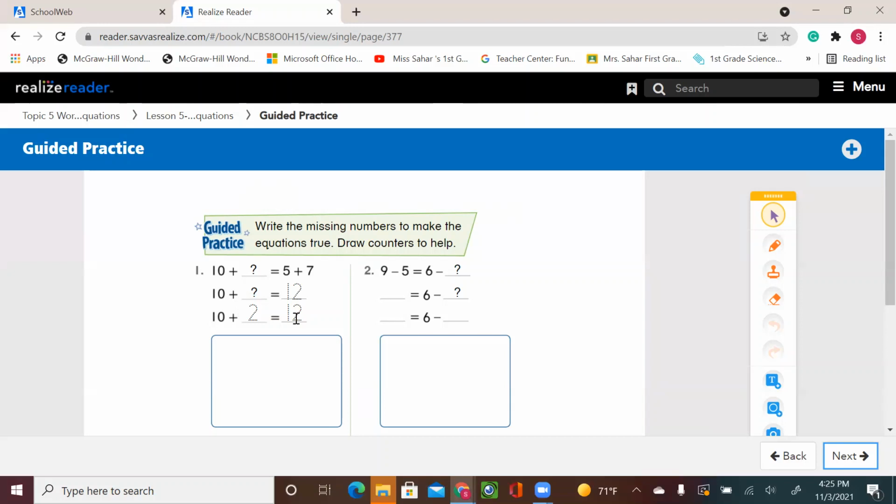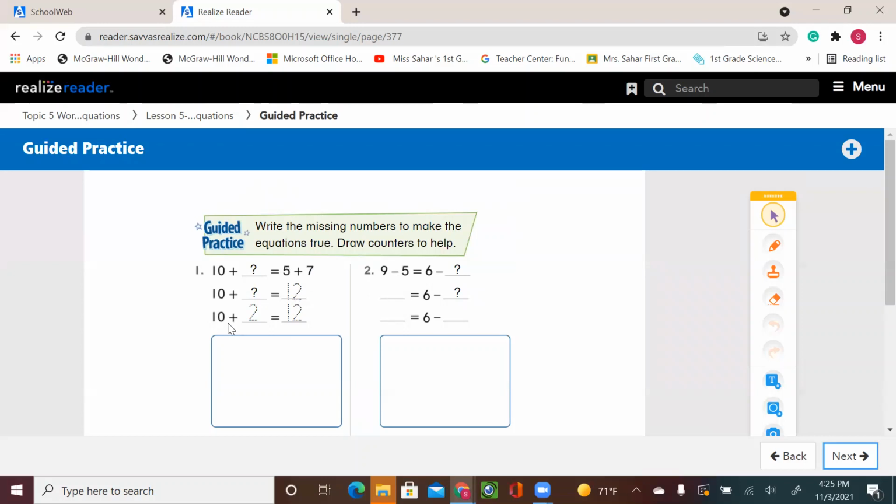If I want to use counters, I'm going to first put down that I know the total is 12, or one part is 5 and the other part is 7. I add them together, I get 12. Now I'm looking for a number that, if I add it to the 10, I will get the same value as 12, which is 5 plus 7.